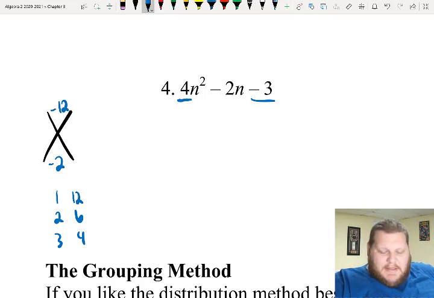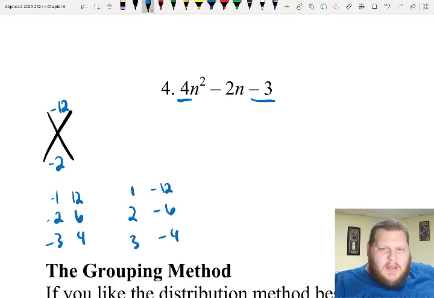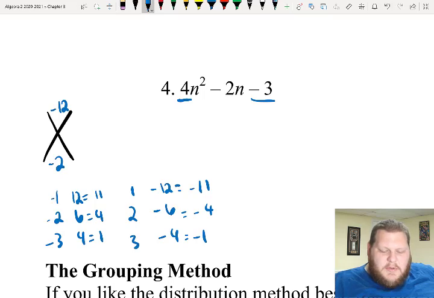So really my list is negative 1, positive 12, negative 2, positive 6, negative 3, positive 4, and then also 1, negative 12, 2, negative 6, 3, negative 4. But none of these add up to a negative 2.